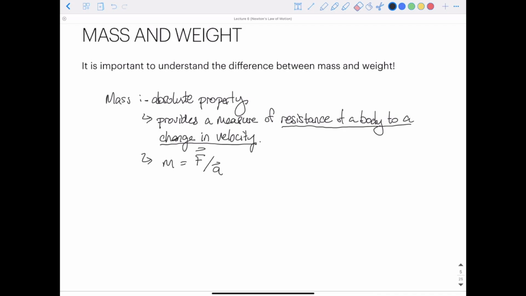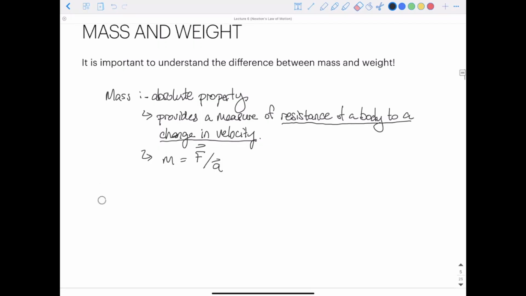So mass is different than weight. The weight of a body is not absolute, and it depends on the gravitational field in which it is measured.